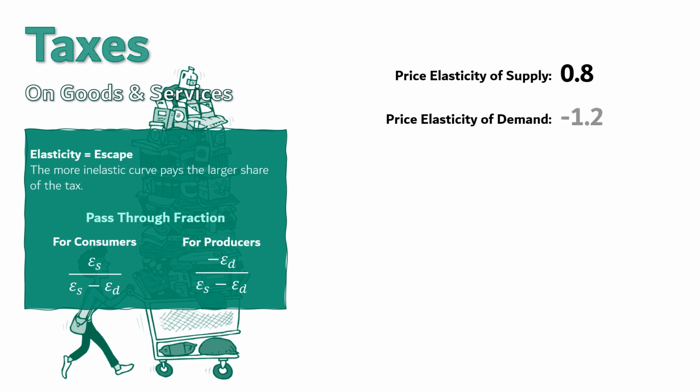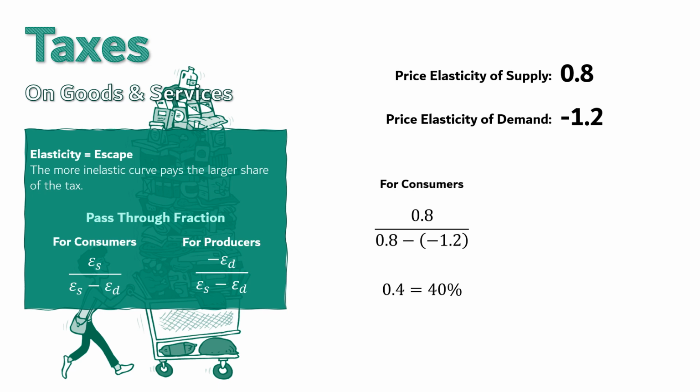Here's an example of these calculations. If the price elasticity of supply is 0.8, meaning supply is inelastic, while the price elasticity of demand is negative 1.2, meaning demand is elastic, then consumers will end up paying 40% of the tax.